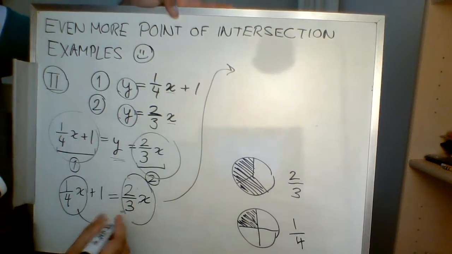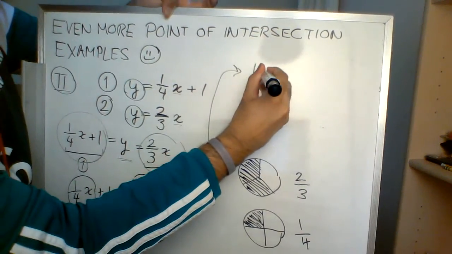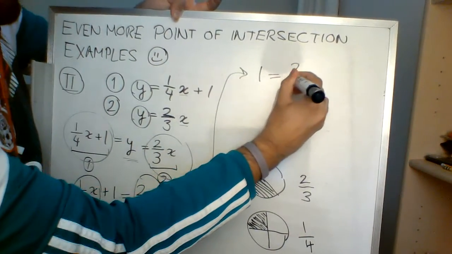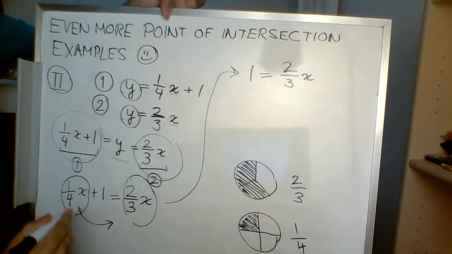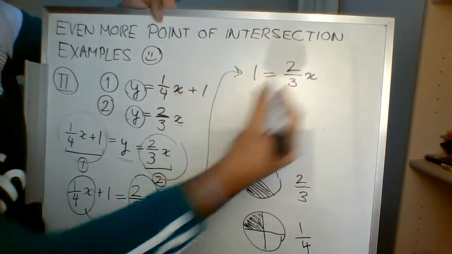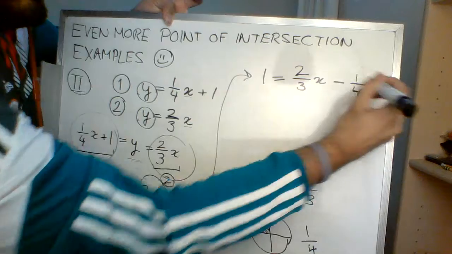Then the new equation will look like this. The 1 stays there on the left, so we get 1 equals, the 2/3 x is also fine, that doesn't move. And then I take that 1/4 x, I throw it over to the right side, and it goes from positive to negative. So now we have a subtraction problem on the right side.